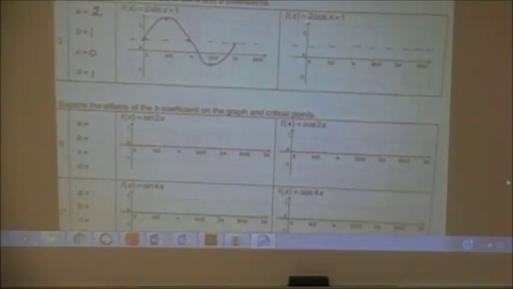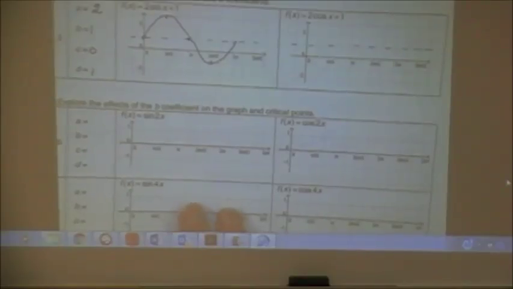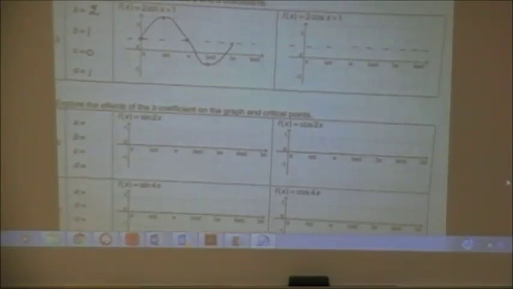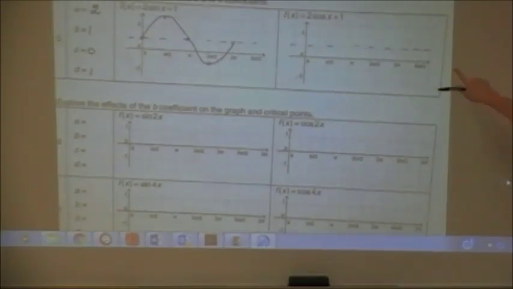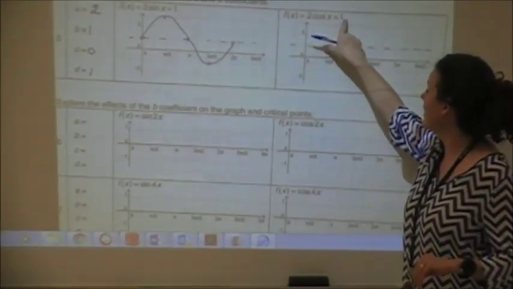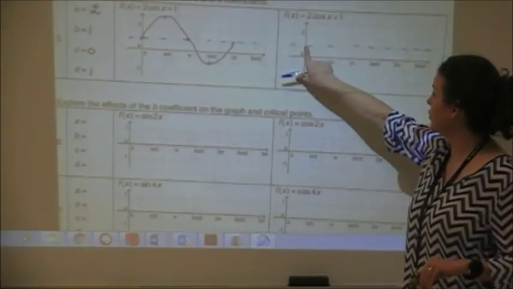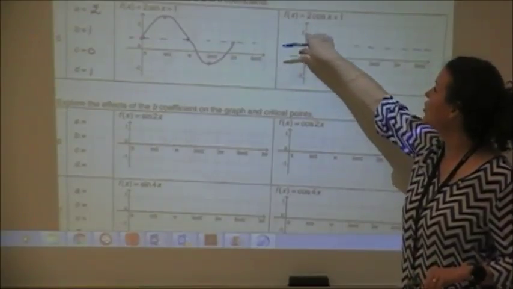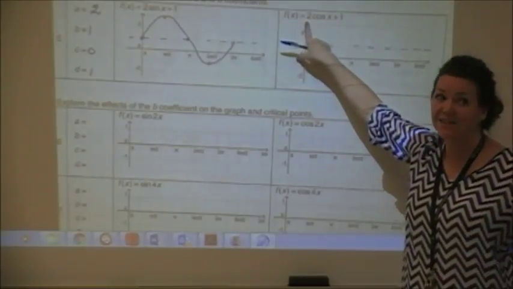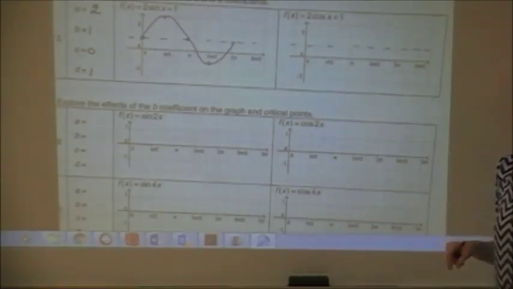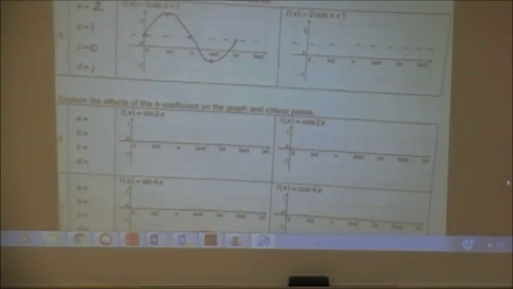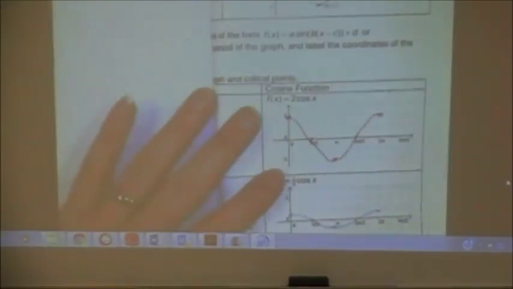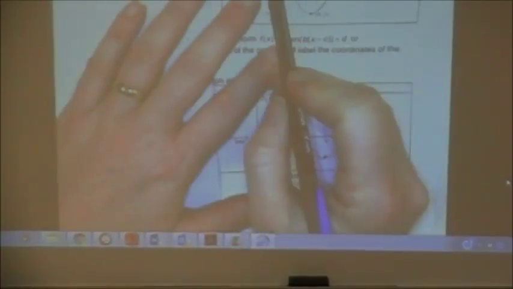And then on my cosine wave, cosine doesn't start on the central axis, it starts an amplitude above the central axis. So I identified my central axis as being 1, and then I know my amplitude is 2. So my cosine wave has to start 2 above that. It doesn't start at 2, it starts 2 above the central axis. Or if you want to do it by critical point, your critical point for cosine is 0, 1.